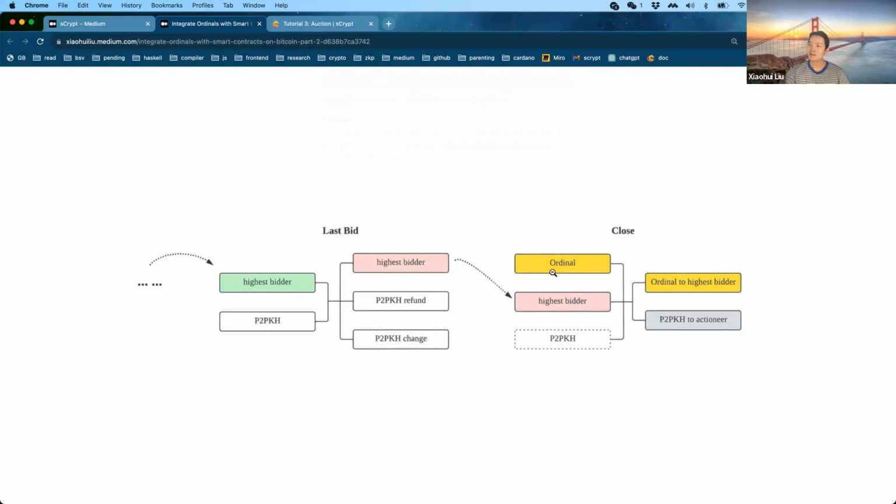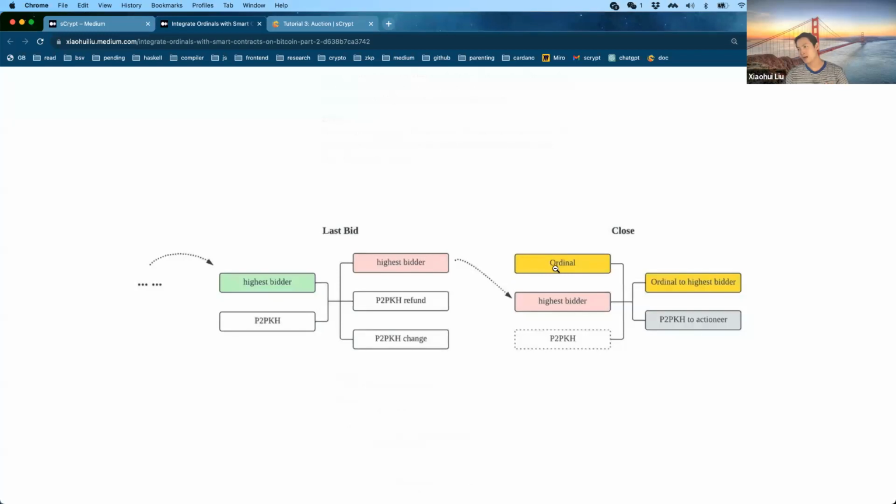Okay, so in the sCrypt context, how do you specify the right ordinal in the sCrypt contract? How do you specify it? Which ordinal? Because there are so many ordinals.